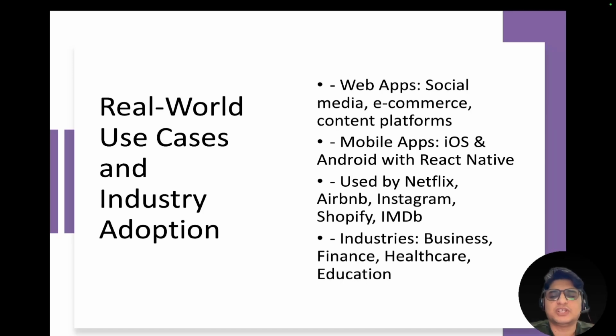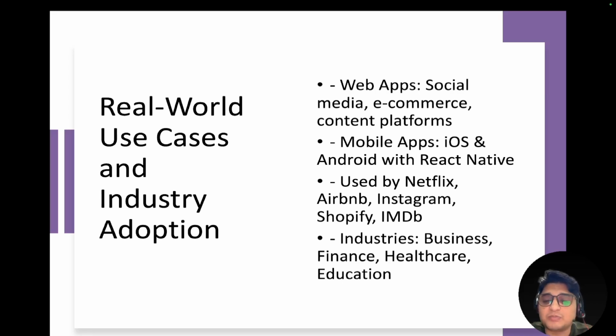There are some real-world use cases, and some industries adopt React as a development technology. For example, social media like Instagram and Facebook, e-commerce like Walmart and Amazon, and content platforms like Adobe are web apps where React is the technology they are using. Mobile applications as well use React Native for iOS or Android applications.